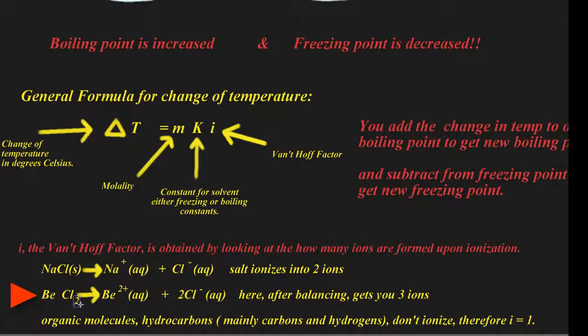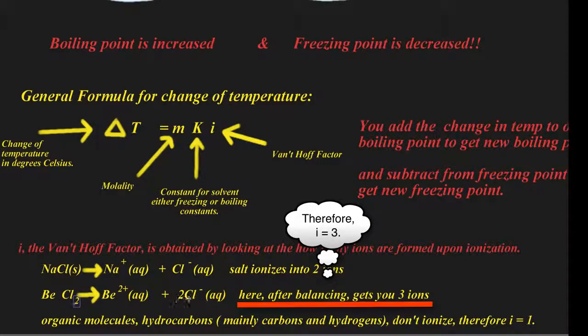Beryllium chloride here, what it does is it ionizes into 1 beryllium, but to balance out this little 2 in the box here, we need 2 chlorides. Okay, so we would write a balanced ionization equation, and here there's 1 cation, beryllium, and 2 chlorine ions.